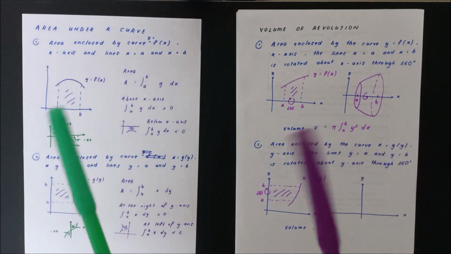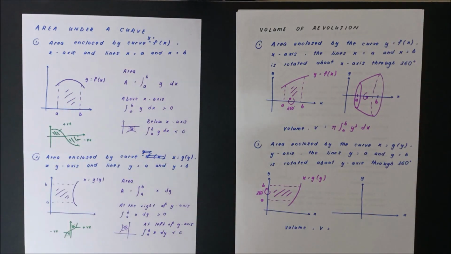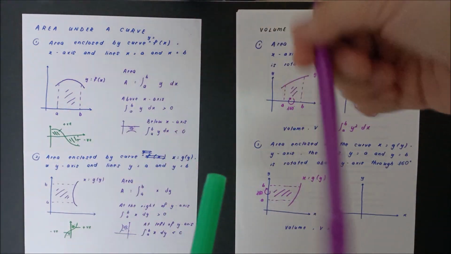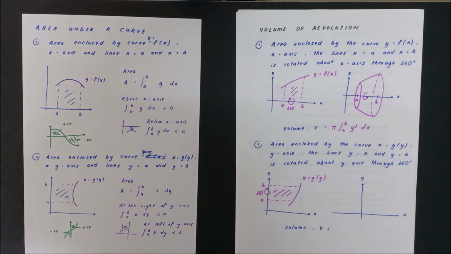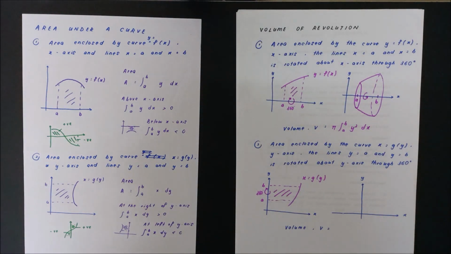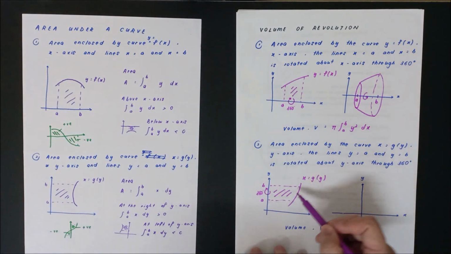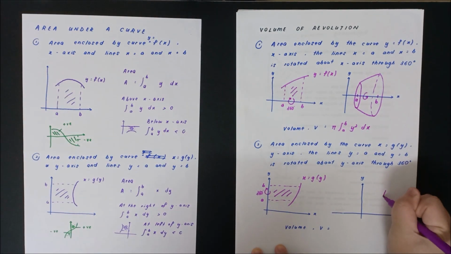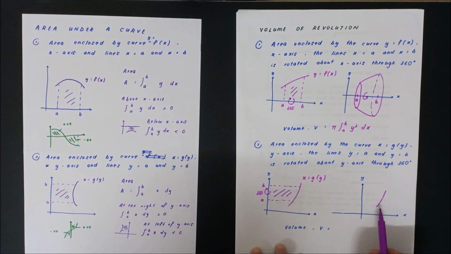What kind of shape will I be getting? We start with this line, then I have this line also. When it's rotated, here it's going to rotate like this. The same thing happens here.